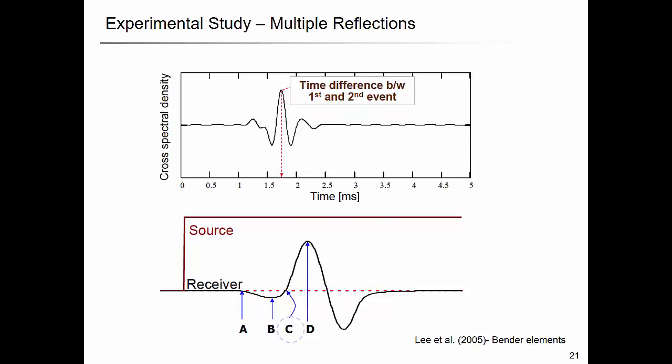Autocorrelation, the time difference, this is AC. The time difference between the first and the second event is around here. That's about what, 1.7 millisecond for 2L.